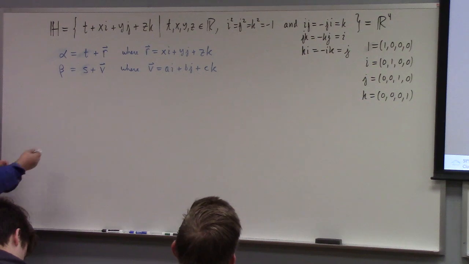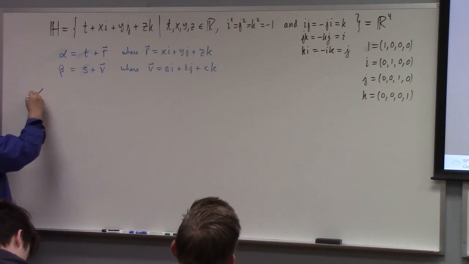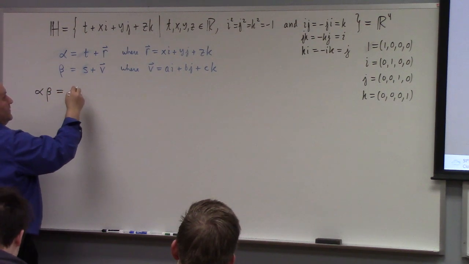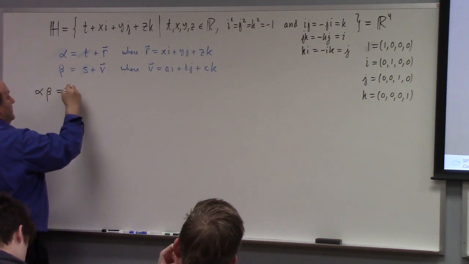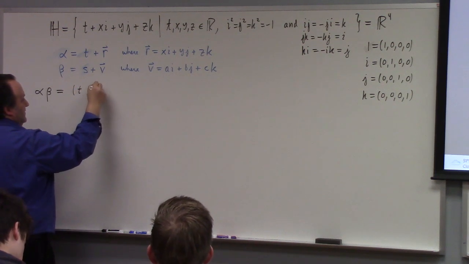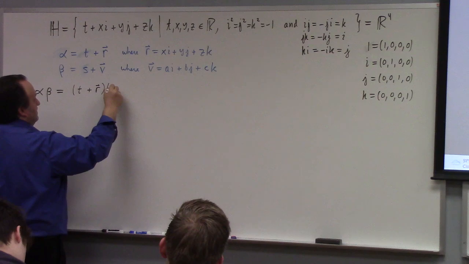Simple exercise. 4 things times 4 things, there's 16 possible terms. So let's do it. I'll write it like this because it'll save us a little bit of writing.